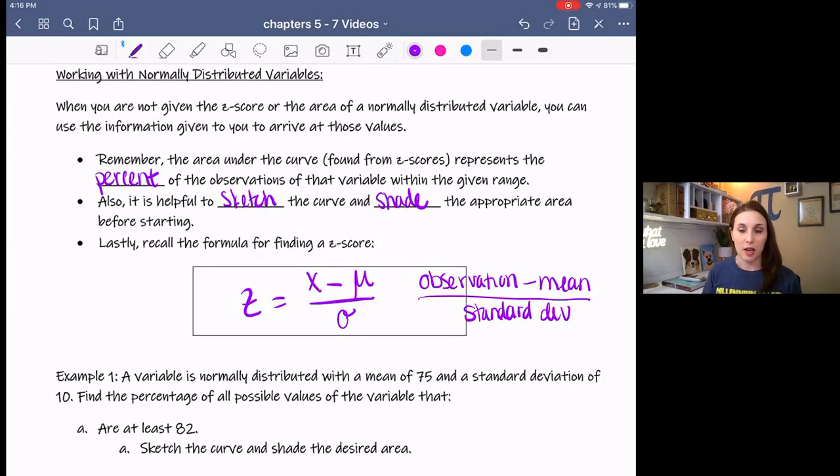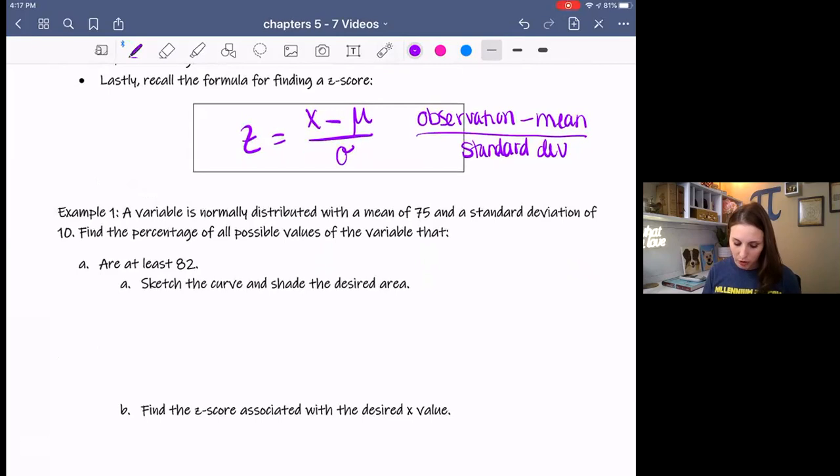That just means there's a particular observation, subject, or piece of data that we're looking at, and that observation has a particular z-score based on the mean and the standard deviation. So also recall that z-scores tell us how far an observation is from the mean.